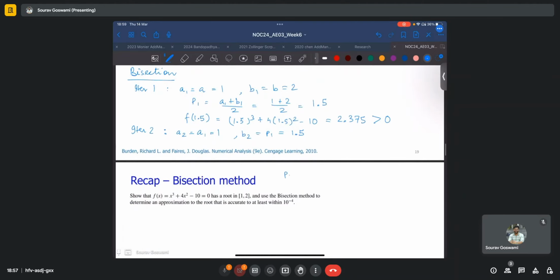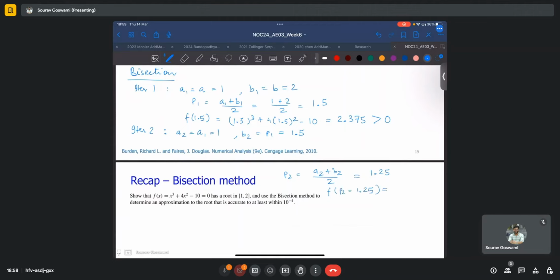we calculate p2 equal to a2 plus b2 by 2, which is 1.25 if I'm not wrong. Sorry, I'm just looking at the midpoint of 1 and 1.5. And we again calculate the value of the function at p2.